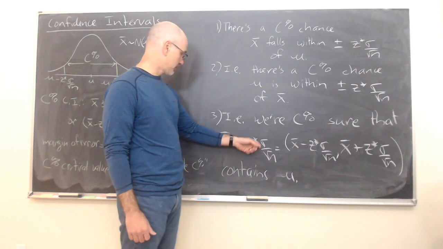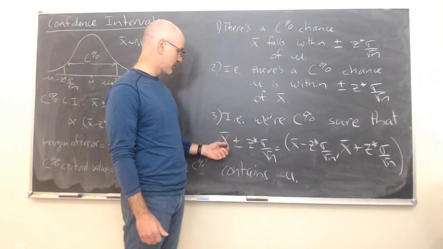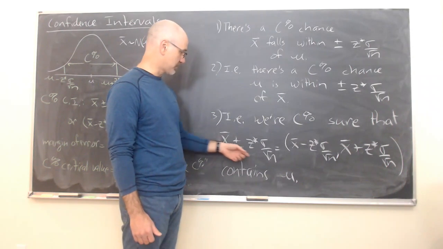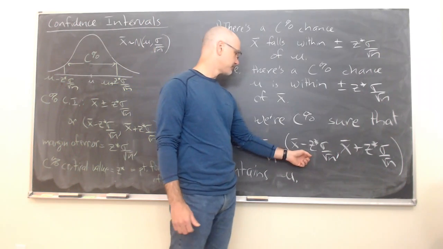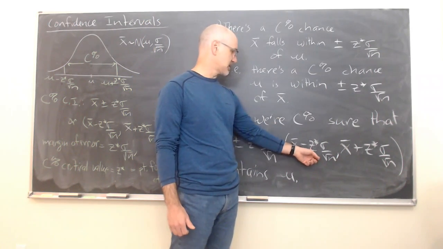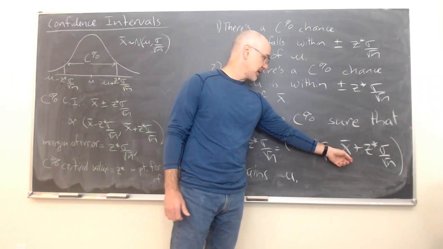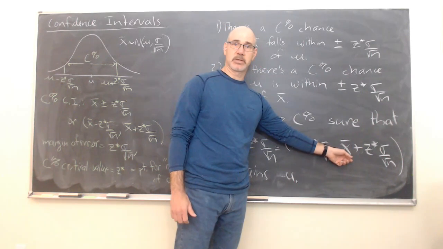So on an exam, I would accept either form of the interval. You can write x bar plus or minus Z star sigma over root n, or you can do x bar minus Z star sigma over root n to x bar plus Z star sigma over root n.